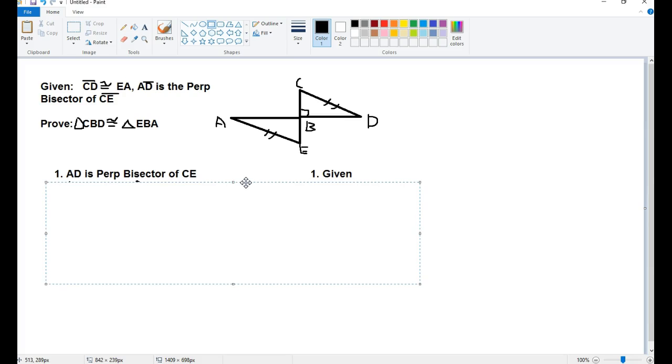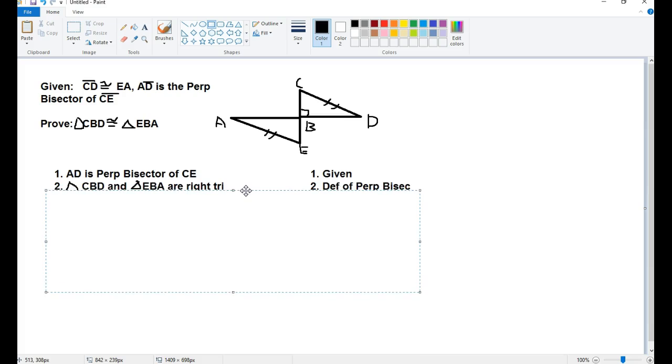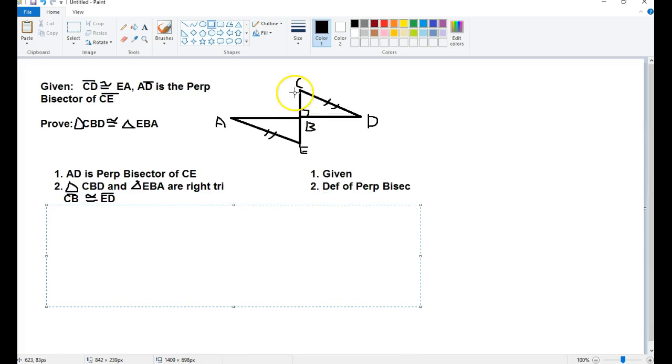Now from that given, we could show a couple of other different things. We could show that triangles CBD and EBA are right triangles. And we can also say that CB and this length here are congruent, and that is all from the definition of perpendicular bisectors.